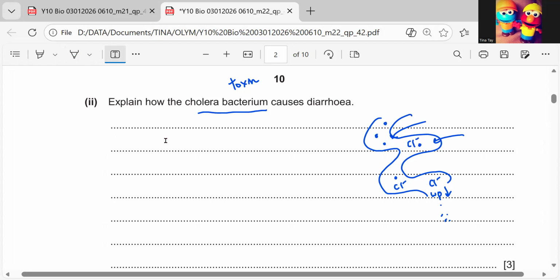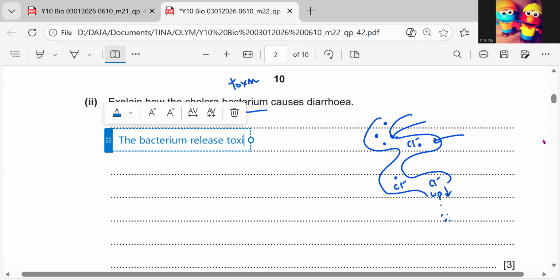bacteria release toxins, which cause chloride ions to enter the small intestines.